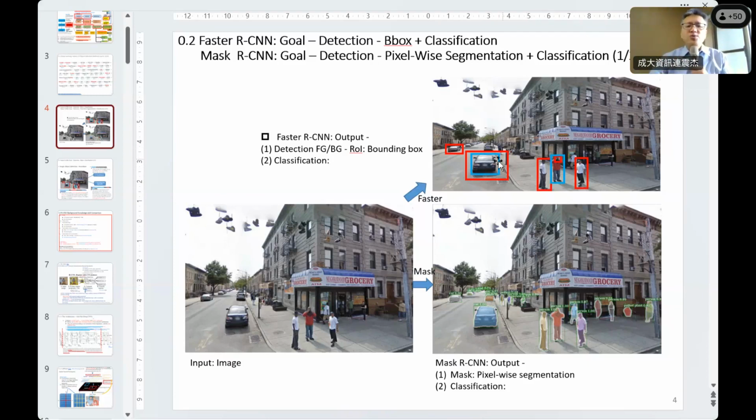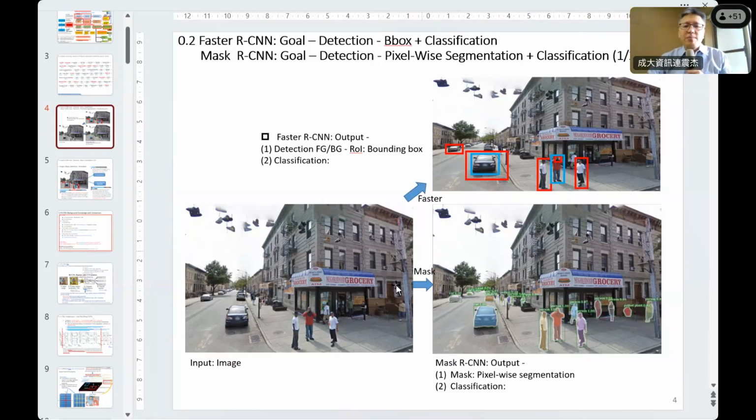And after this one, they have a second loss function, and based on it they can refine the bounding box, and also in each bounding box they can classify, like 80 classes, like 1,000 classes, with the second loss function.